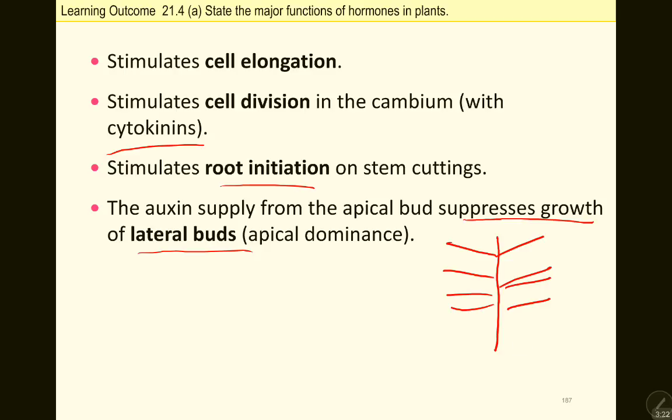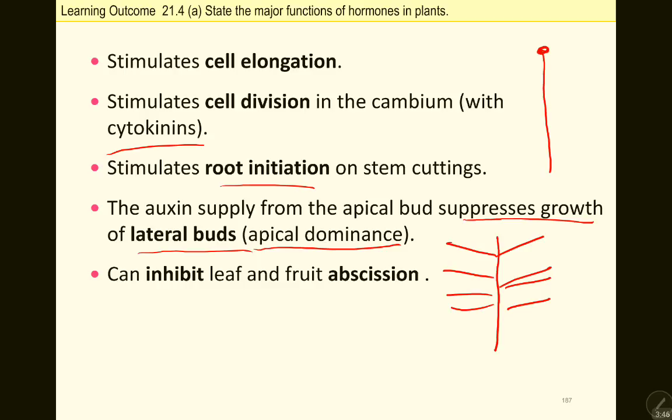So meaning here, with the auxin, they do not have the lateral bud, because it is produced at the shoot apex, right? So they cannot have the lateral bud. This condition is called apical dominance.